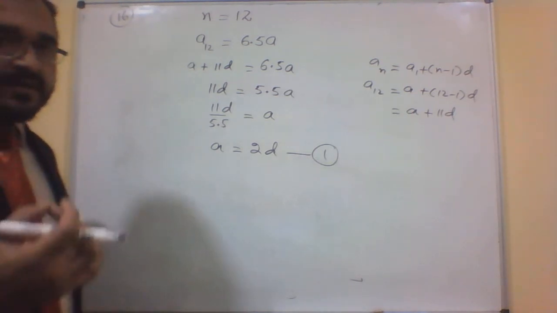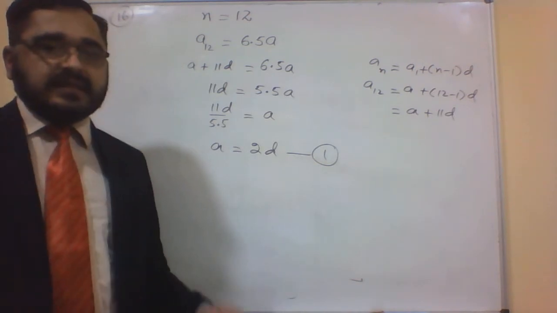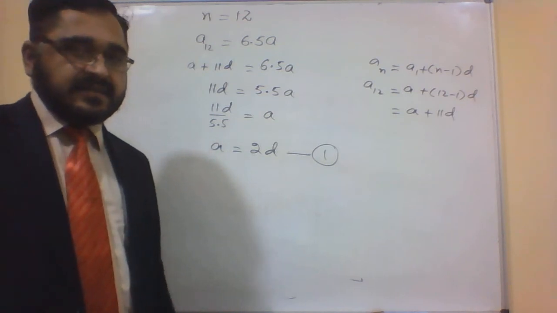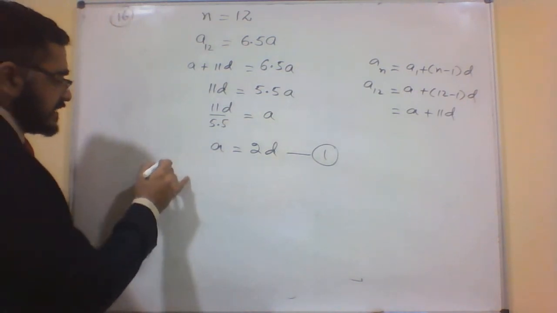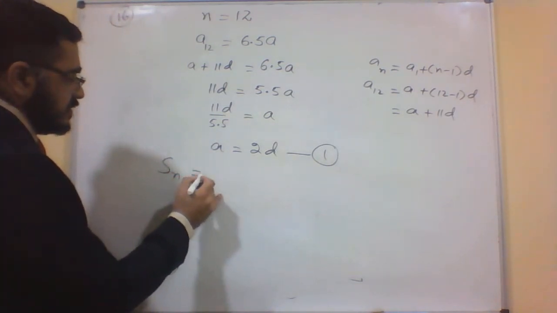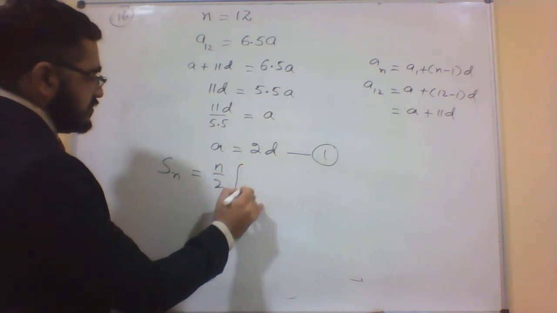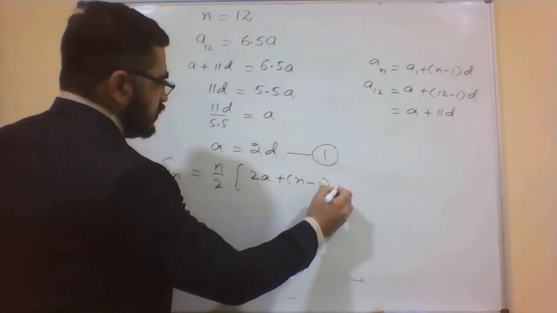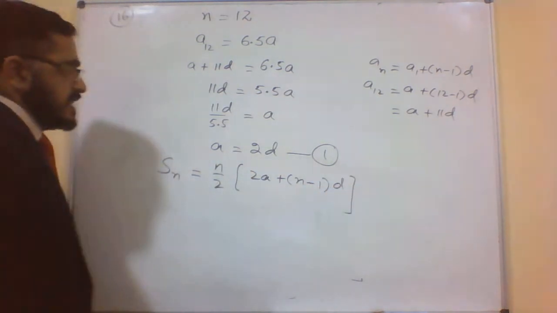Then after that, we will use the formula for the sum of an arithmetic series, Sn. That is n divided by 2 into 2a plus n minus 1 into d.